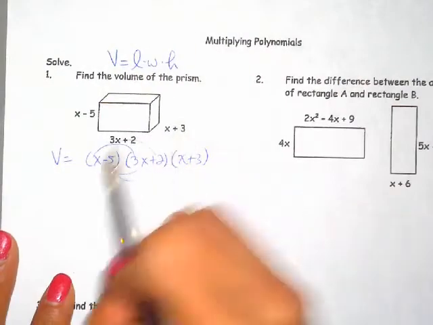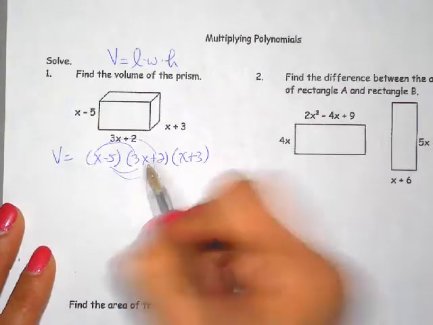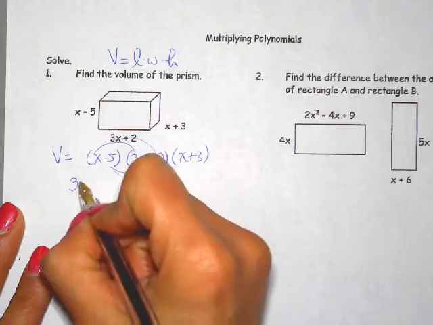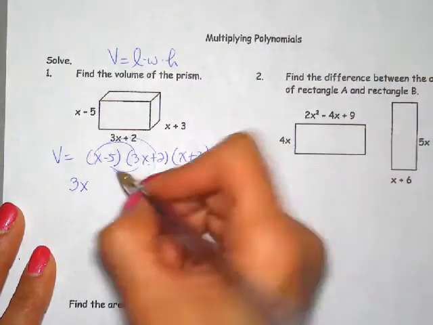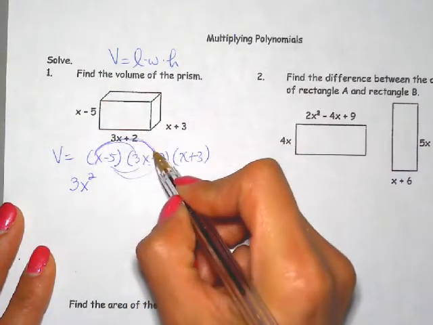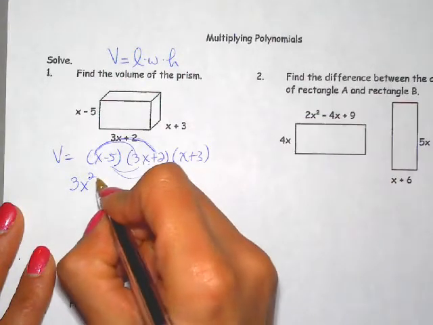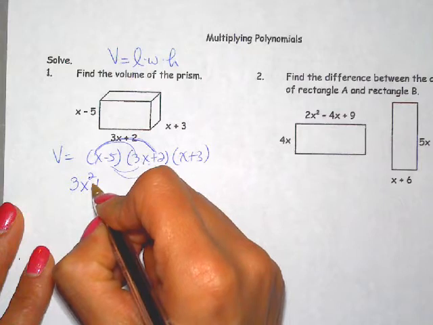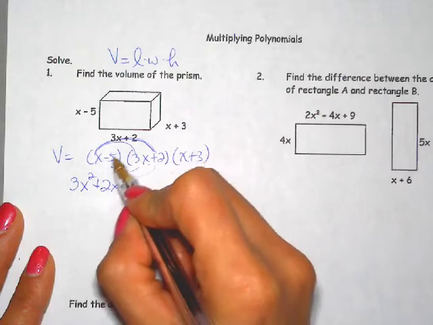So we're going to do x times 3x first. Chris, what's x times 3x? 3x to the power of 2. Very good. Then we go to the next term, 2. Stevie, x times 2? 2x. Very good. And then we go into the negative 5.